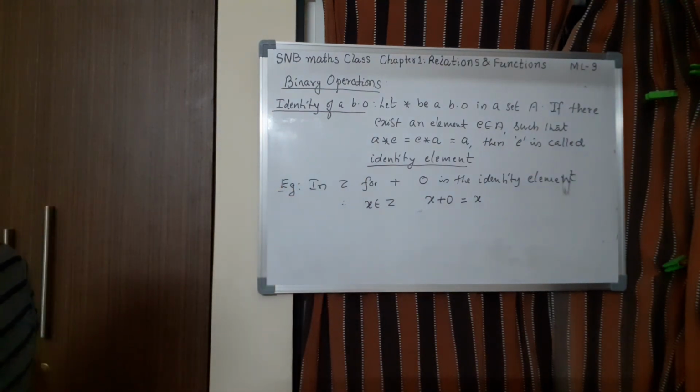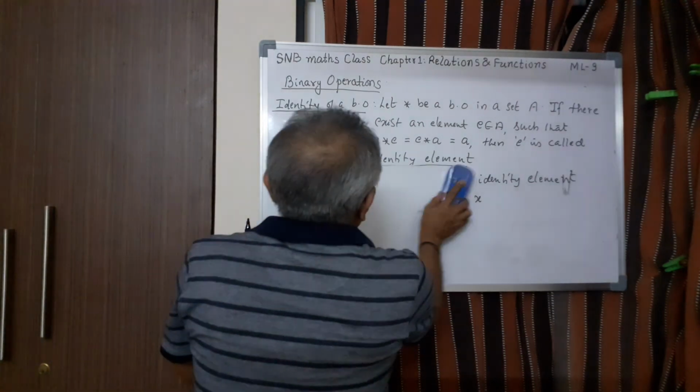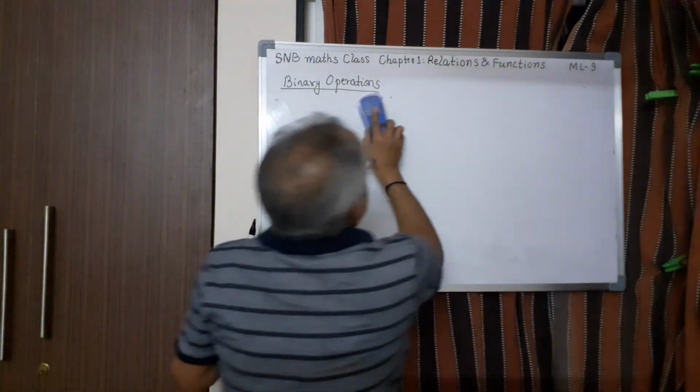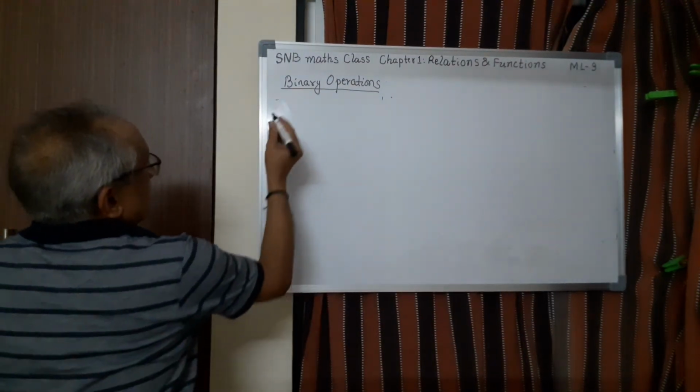Let me take one example where I find an identity element if it exists. So this is the example.